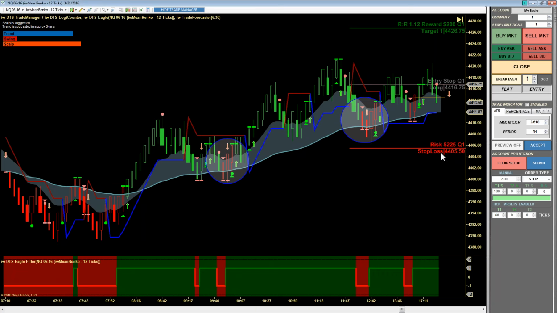Remember, your stop loss is your safety net. It's nothing more. So had the trade reversed at this point and come down, and we had no second chance to get out of this trade, I would have got tagged for 200 and change. It's my safety net. It's not an amount I cannot afford.